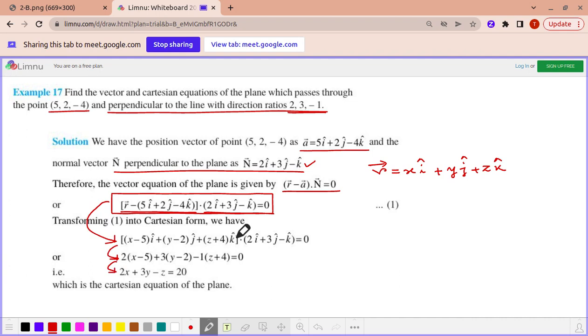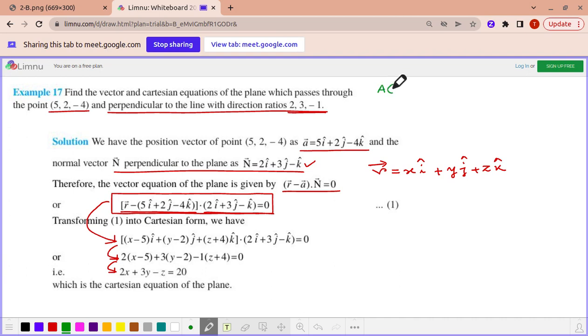Now apart from that, there is another way also you can find out the Cartesian equation, very simple. We know, if you recall that just a few minutes back I said, if a plane passing through a fixed point x1, y1, z1 and is perpendicular and the direction ratio to the normal to the plane is capital A, capital B, capital C, then what is the equation?